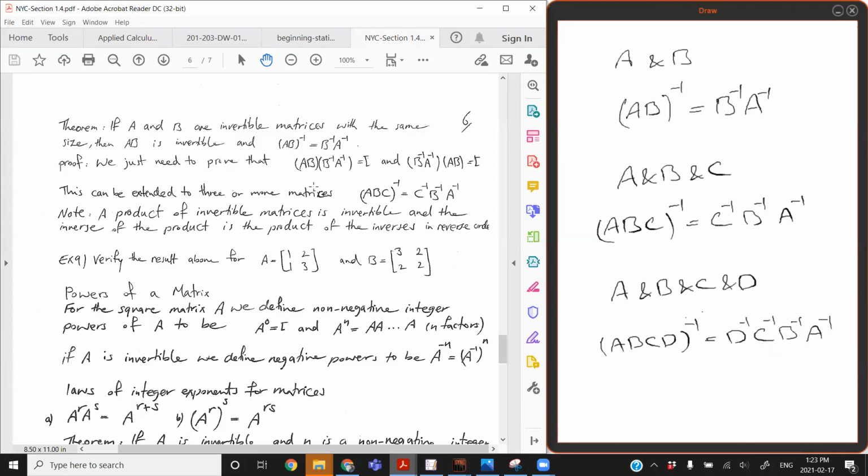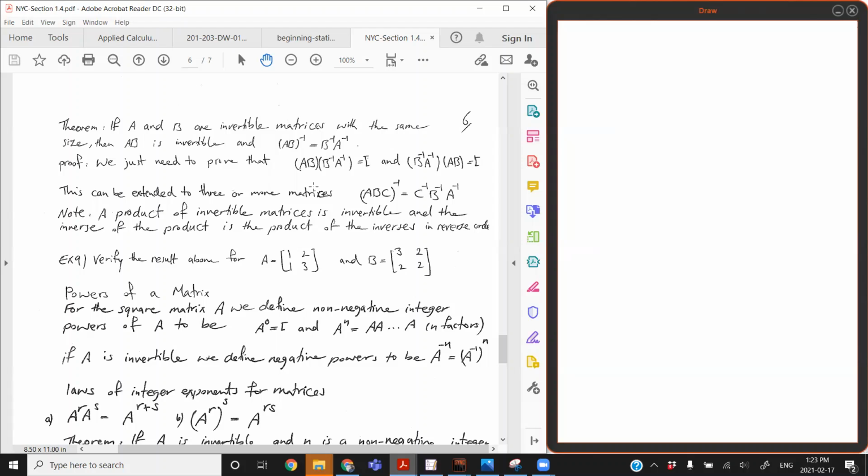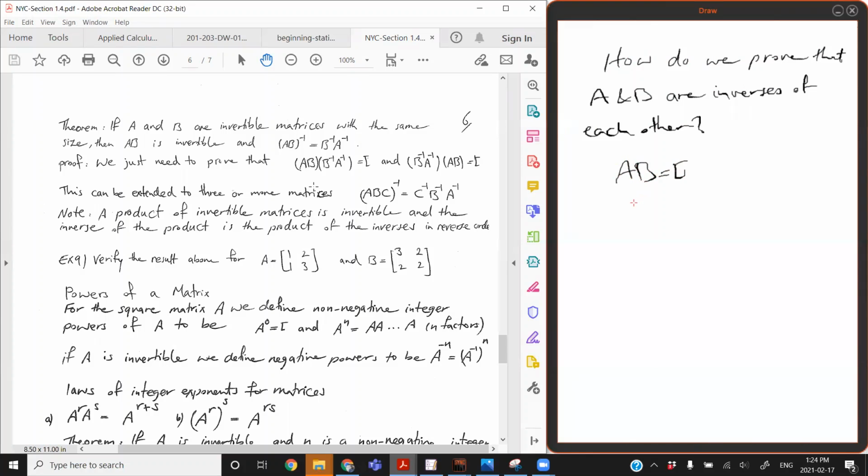The proof is very easy. How do you prove that two matrices are inverses of each other? You have to verify that A times B is I and B times A is also I. That's how you prove that.